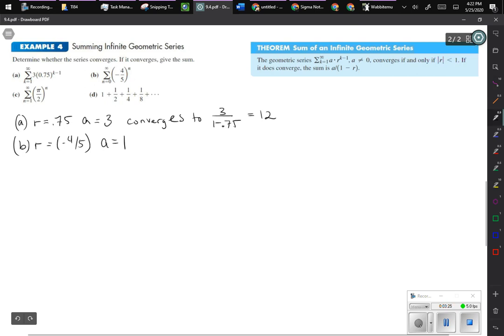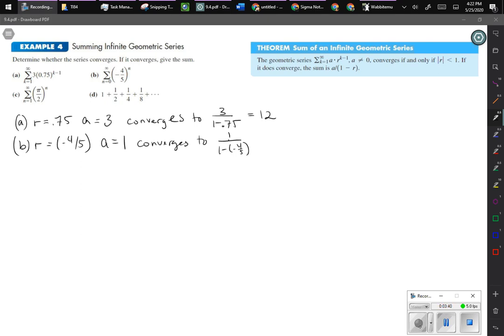So I can go ahead and say it converges to 1 over 1 minus negative 4/5, which is 5/9.